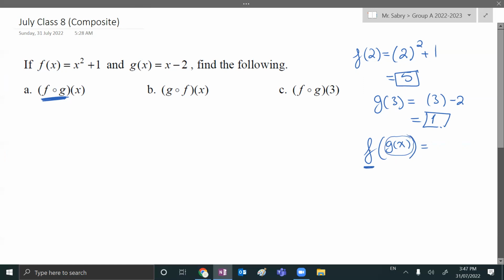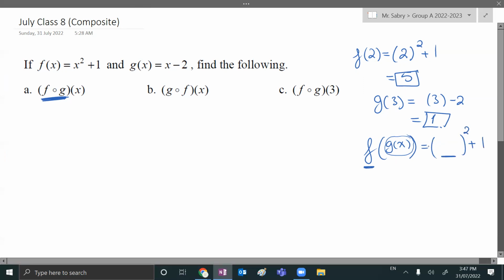So I go to the function f, remove its x, put a bracket power 2 plus 1, and inside the bracket put g of x. What's the value of g of x? It's x minus 2. So it's actually x minus 2 in a bracket power 2 plus 1. Until this step, I'm not done yet, but does that make sense?